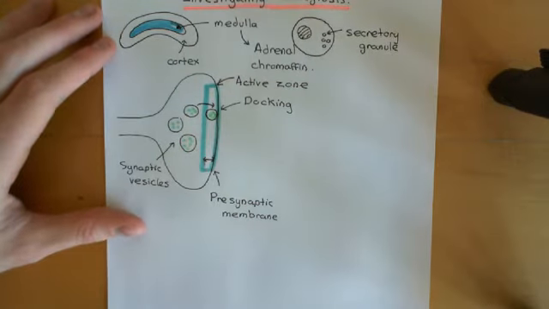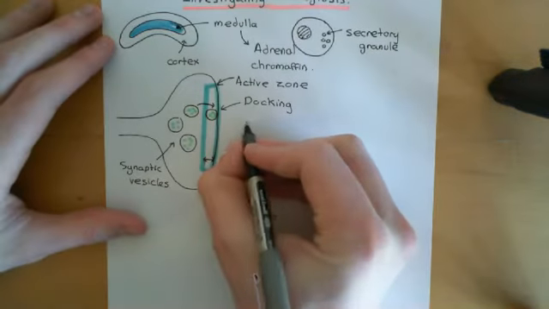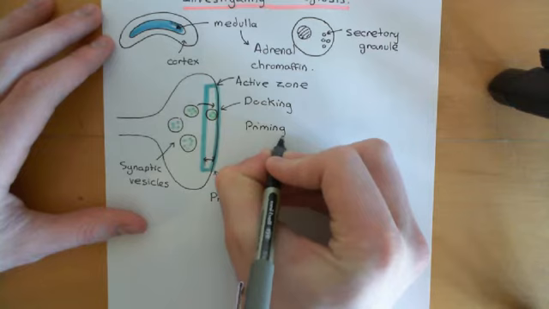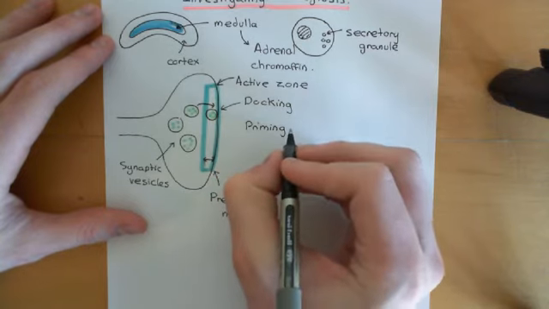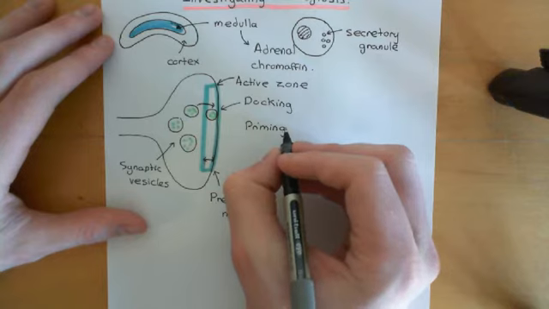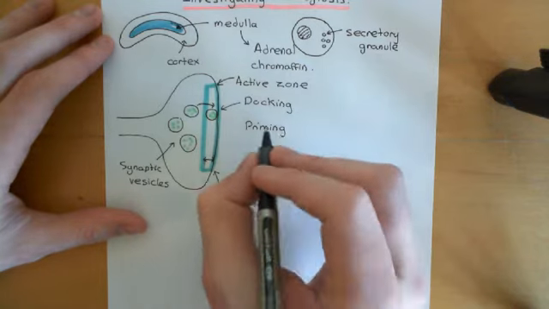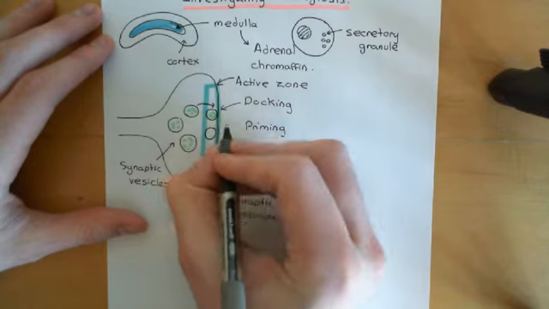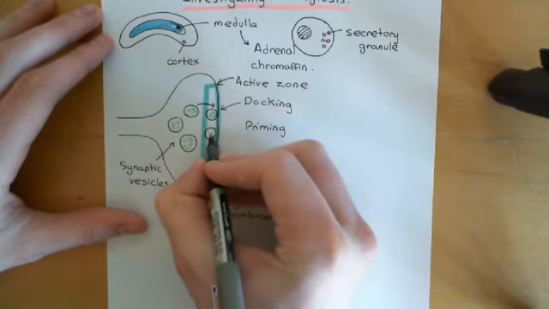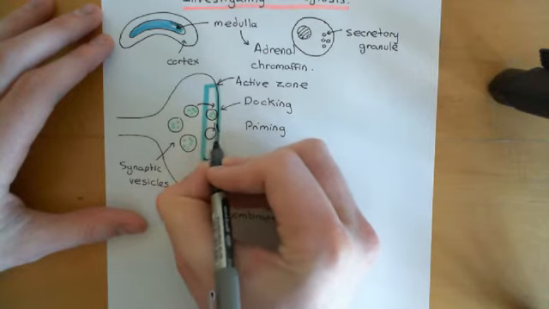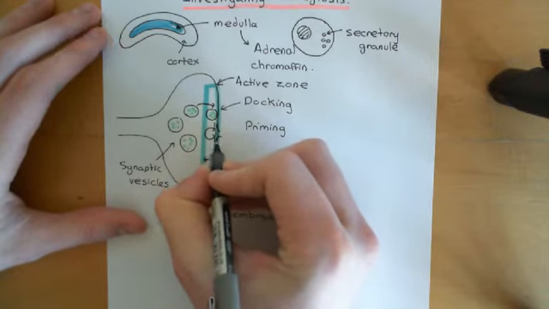Okay, priming, which is the next process, is getting this synaptic vesicle that we've brought into the active zone ready so that if an action potential does arrive in the axon terminal, it's ready to actually fuse with the plasma membrane. So we are going to build complexes between proteins in the synaptic vesicle membrane and proteins in the plasma membrane, which are going to be called snare complexes.